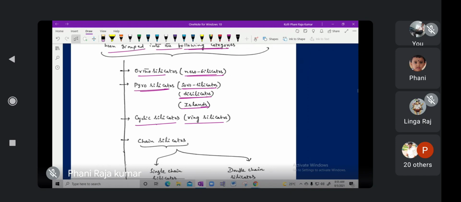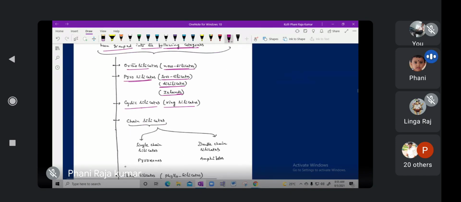Next, chain silicates, of which 2 types are there: single chain silicates, called pyroxenes, and double chain silicates, called amphiboles.